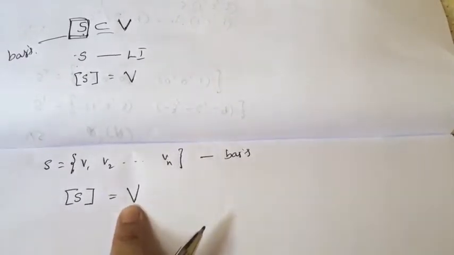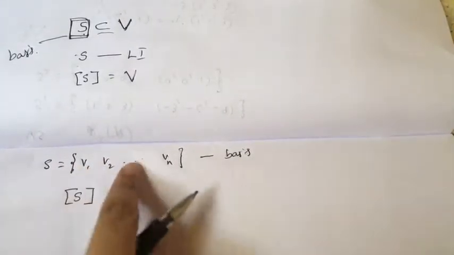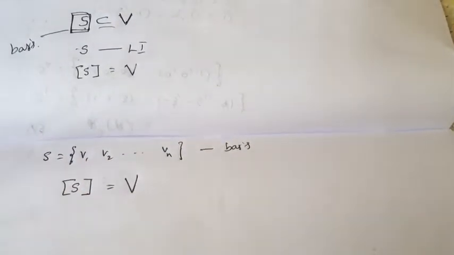If I have some set of vectors that span the vector space V, I cannot say that it is a basis.